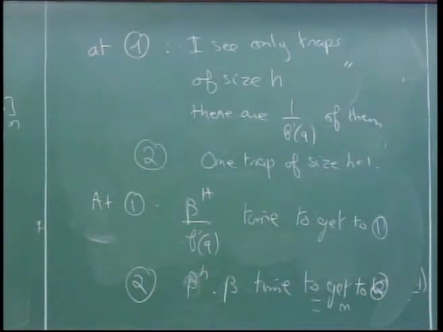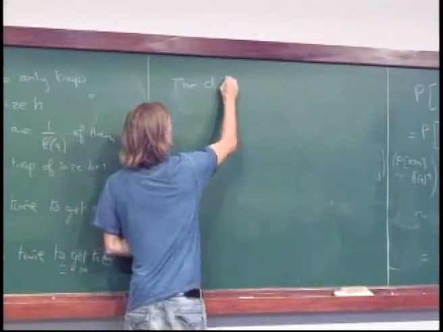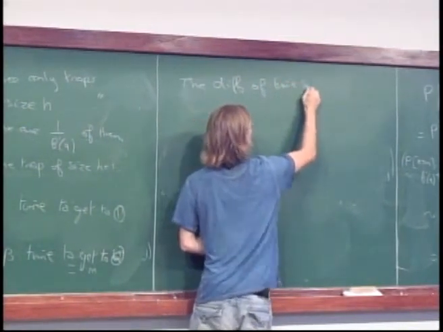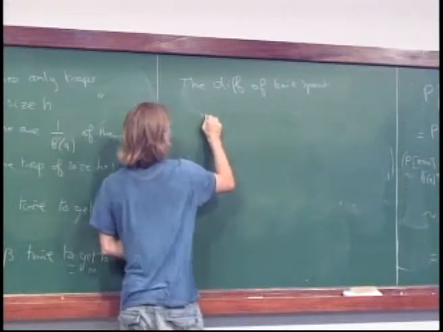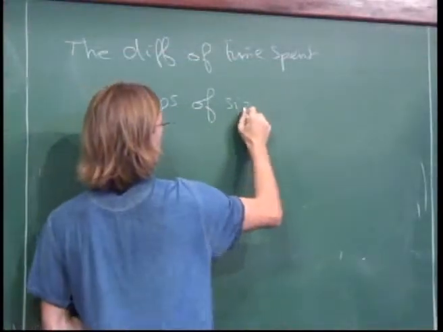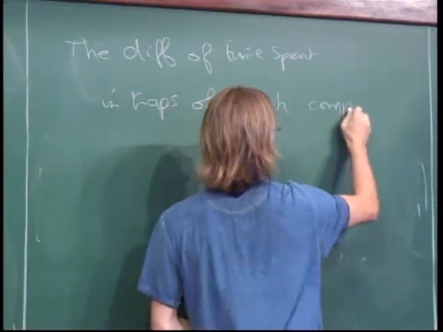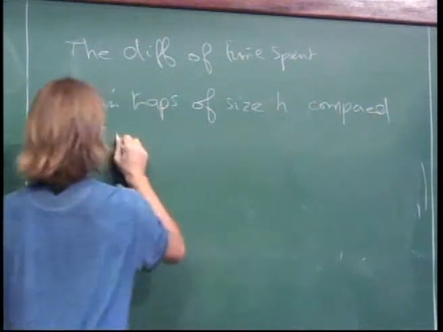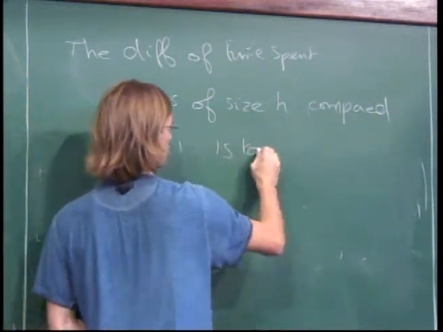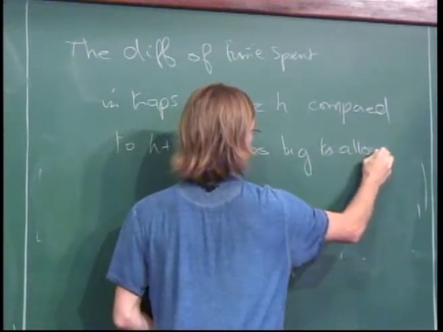So basically, the difference of time spent in traps of size h compared to h plus 1 is too big to allow a convergence in law.